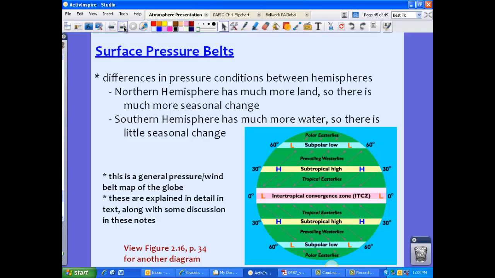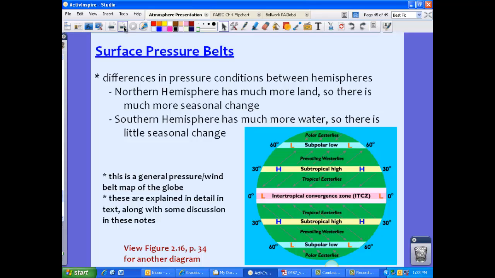Now we also see surface pressure belts, and these belts kind of run along the Earth in east-west patterns. And there's also a lot of difference between your northern hemisphere and your southern hemisphere. And here's why. Our northern hemisphere has much more land, so there's going to be a lot more seasonal change.